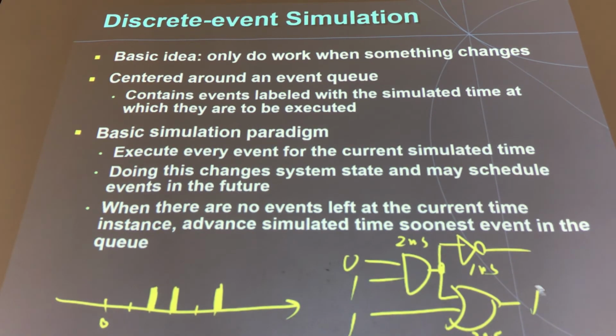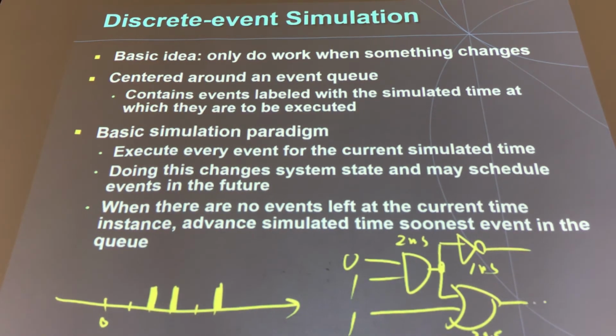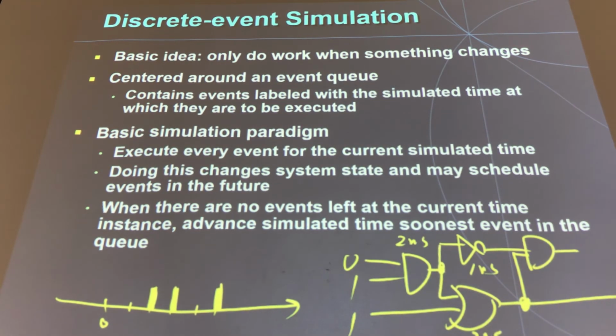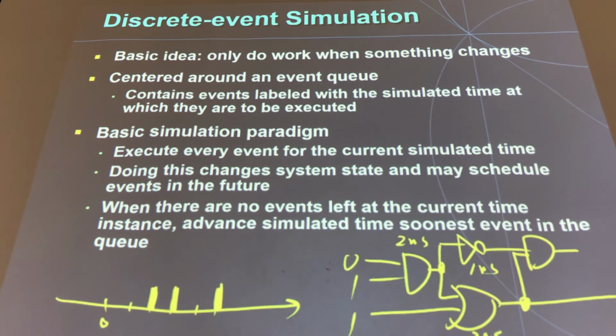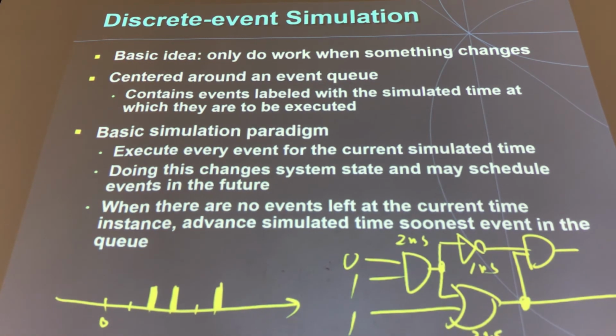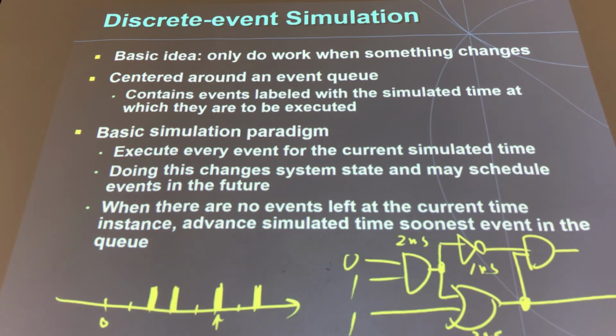Or we can have something like this. Then what? The AND gate is 2 nanoseconds. So after it's done here, you're going to schedule another event here for the AND gate.